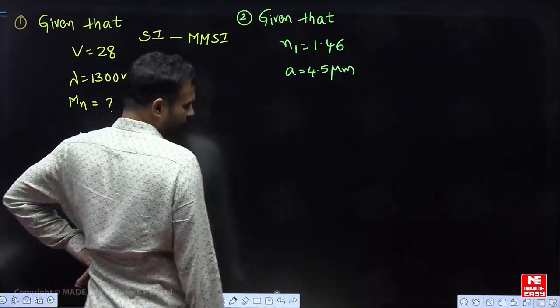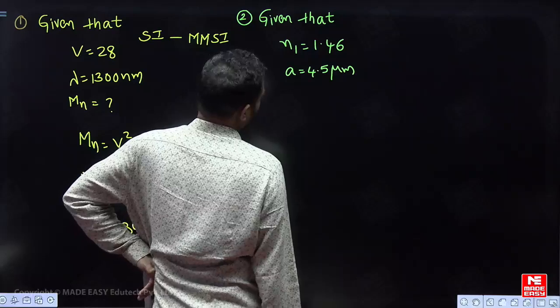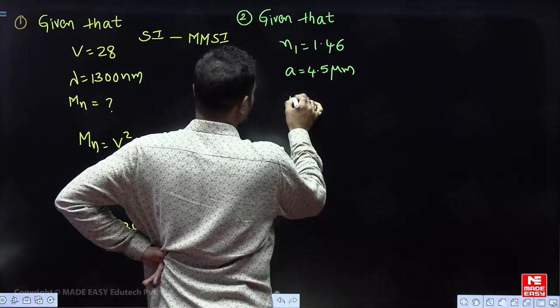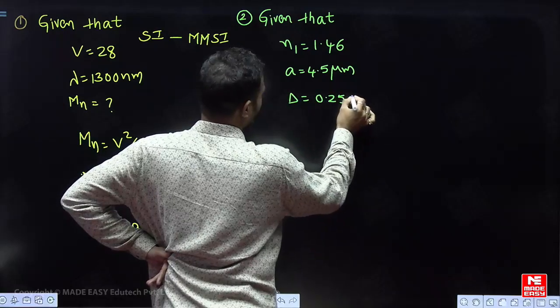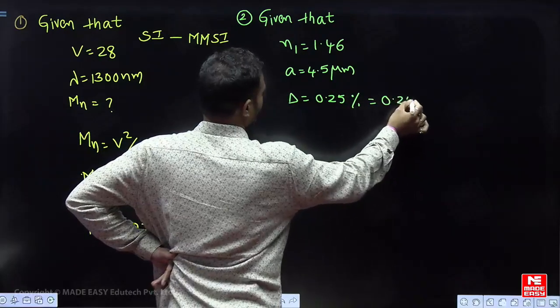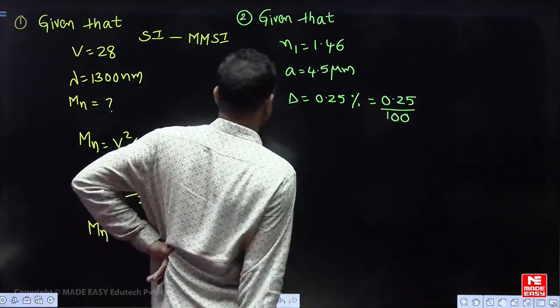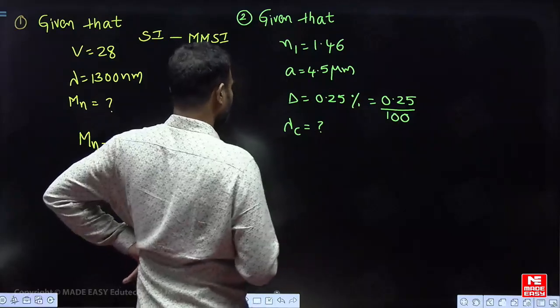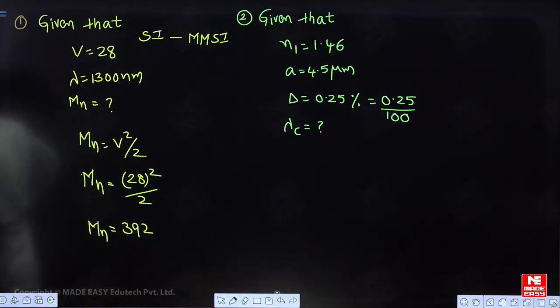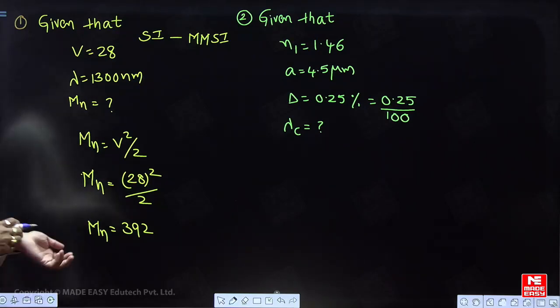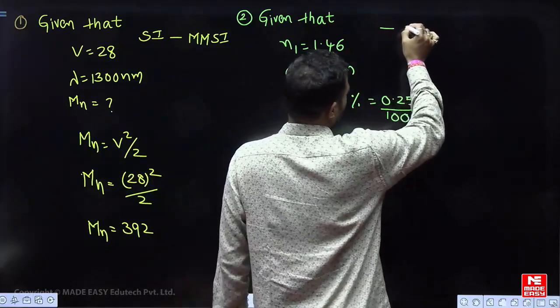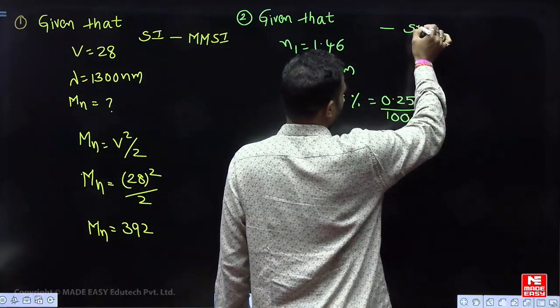Delta is also given, delta is equal to 0.25%, that means 0.25 upon 100. It asks us to find the cutoff wavelength lambda c. We studied in the classroom that cutoff wavelength lambda c is for single mode operation, that means SMSI.